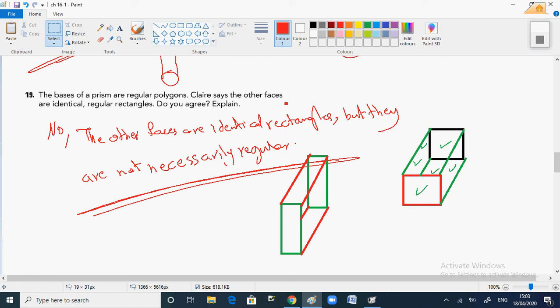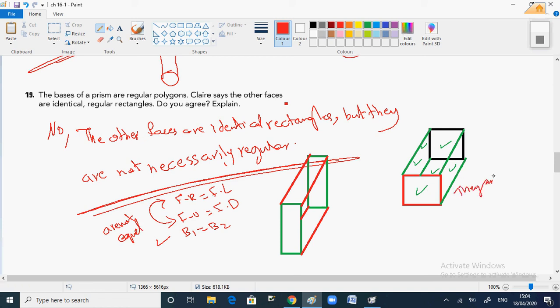So here I can say face on the right equals face on the left, face up equals face down, and base 1 equals base 2. Look here, the bases are equal, but the faces are not equal. Rectangles are not equal, but here they are equal. Did you get the point? Okay, see you.